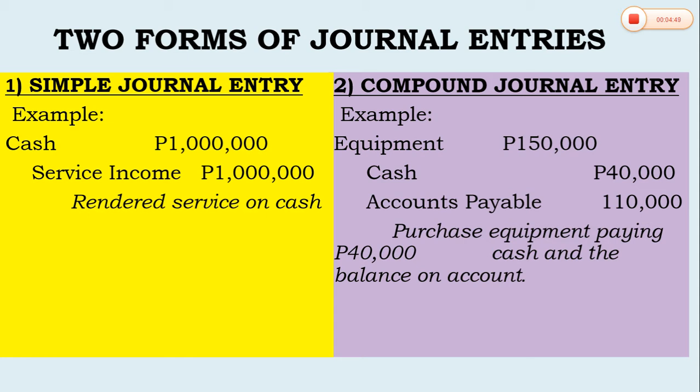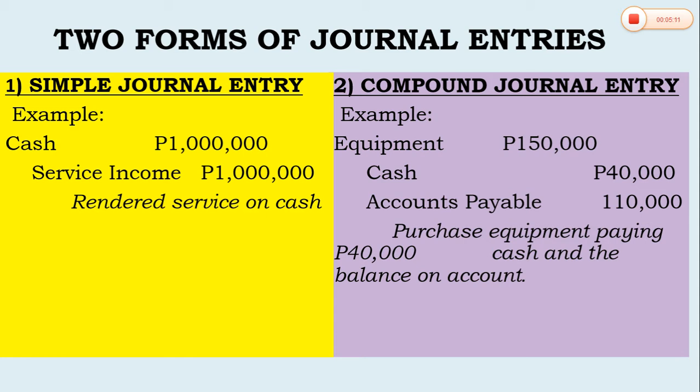Debits are at the top, credits are below, because the credit account has a small indention. Okay, so in here we have debit cash 1 million and credit service income 1 million. So one debit, one credit, one debit amount, one credit amount, and then the explanation. That's a simple journal entry.